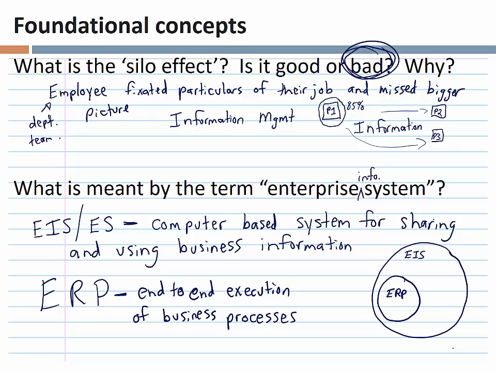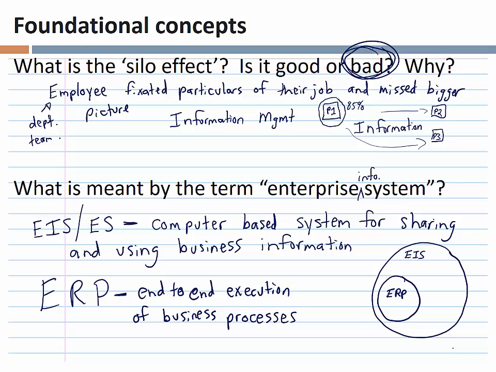And it takes that process from its earliest stage to its last stage. Every step of that business process is embedded in that singular computer system. That's what an enterprise resource planning system is. It is a system that allows end-to-end complete execution of a business process.